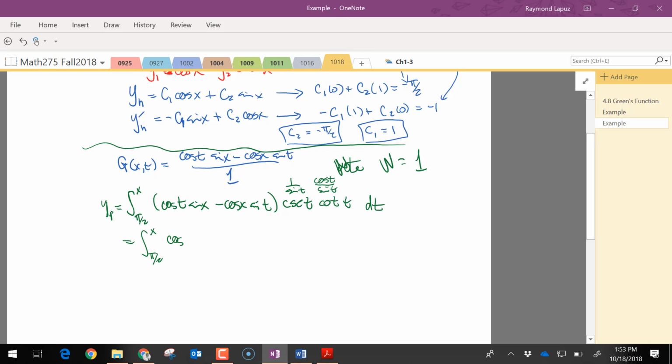I'm going to put the sine x first, since I can factor that x outside, which I didn't do yet, but I have cosine t times cosecant t cotangent t, minus cosine x sine t, and then cosecant t cotangent t.